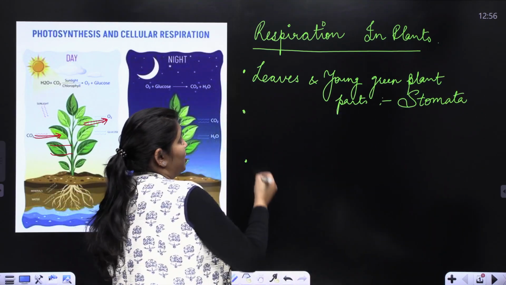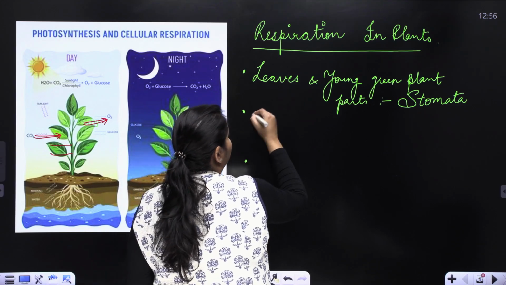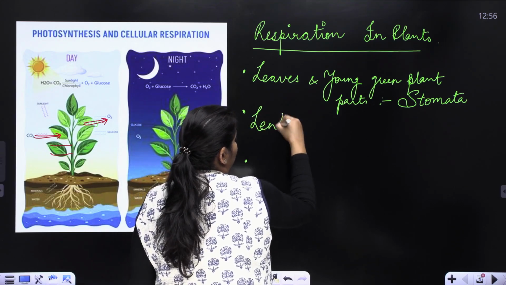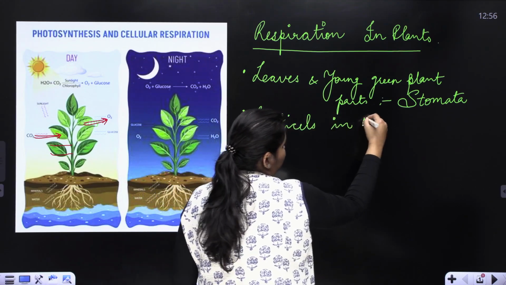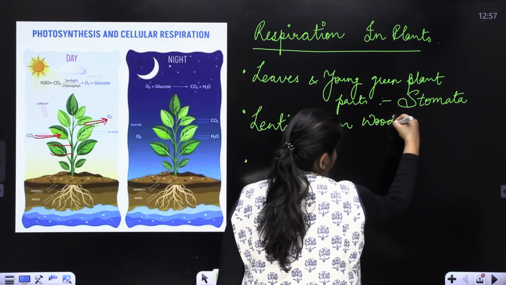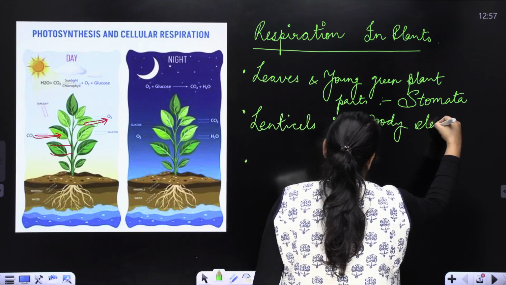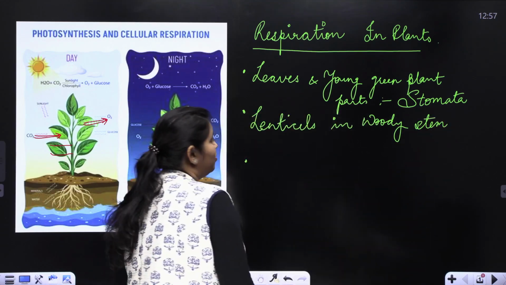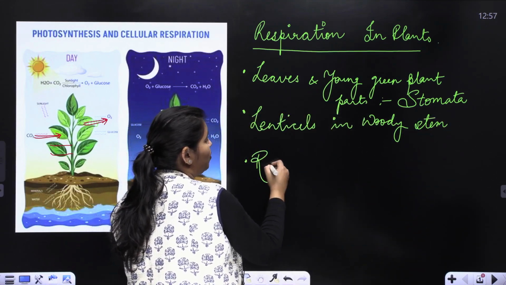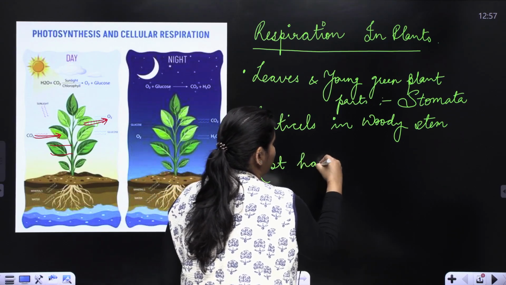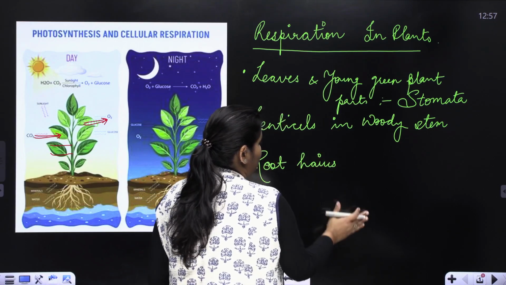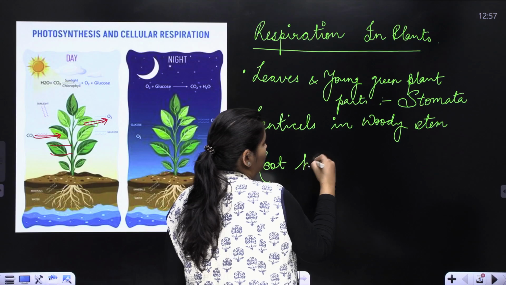Then it can also happen through lenticels in woody stem. And the third thing, it can also happen by the root hairs.